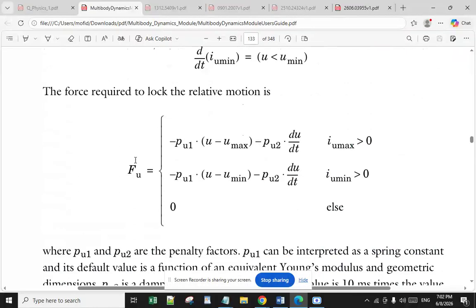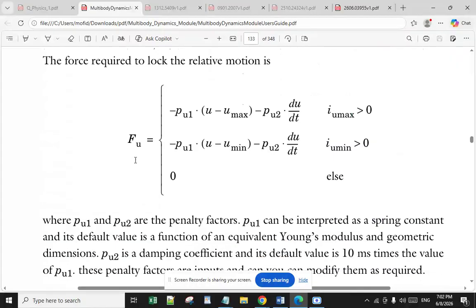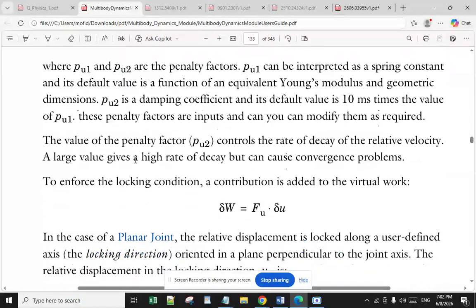The force required to lock the relative motion is F_Au equals minus P_Au1 multiplied by (u minus u_max) minus P_Au2 multiplied by the derivative of u with respect to time when IAu_max is greater than 0, and minus P_Au1 multiplied by (u minus u_min) minus P_Au2 multiplied by the derivative of u with respect to time when IAu_min is greater than 0, and zero otherwise, where P_Au1 and P_Au2 are the penalty factors.